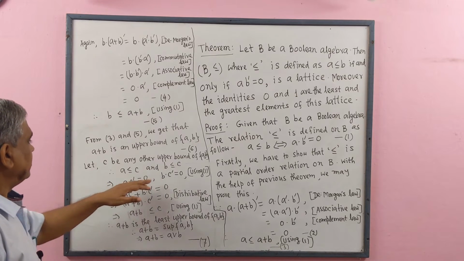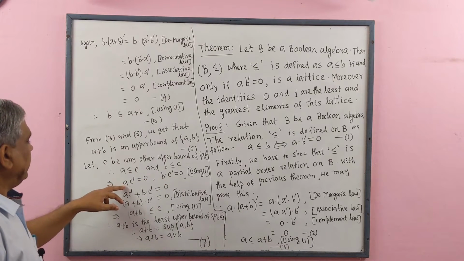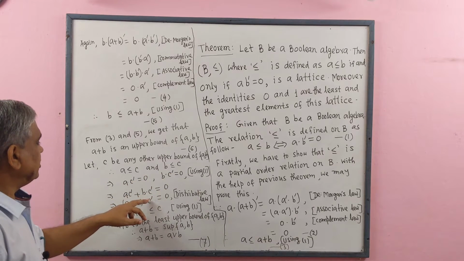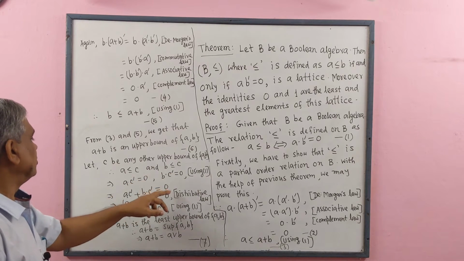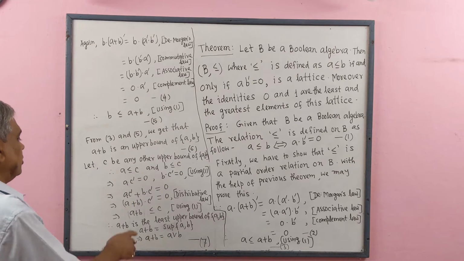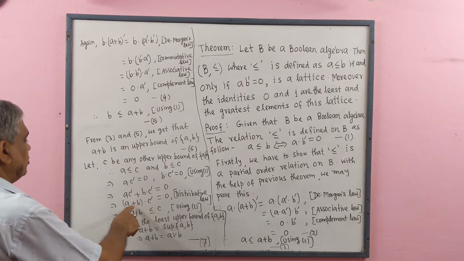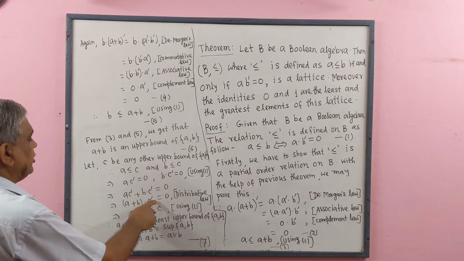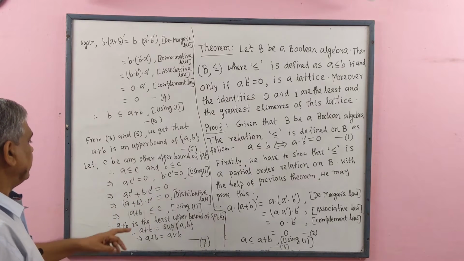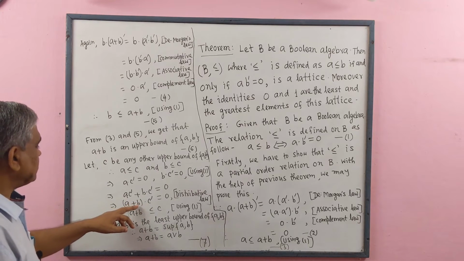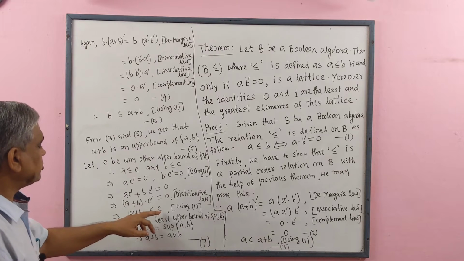Now we add these two. A dot complement of C plus B dot complement of C equal to 0 plus 0, that means 0. By distributive law, we get that here (A plus B) dot complement of C equal to 0. Again by using 1, we get A plus B is related to C.